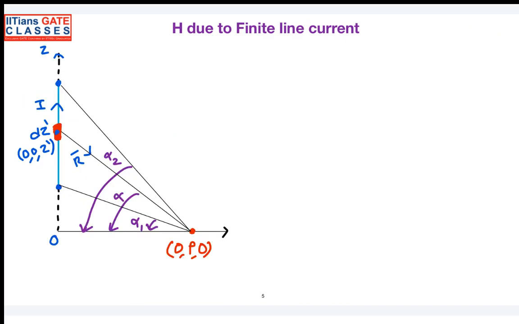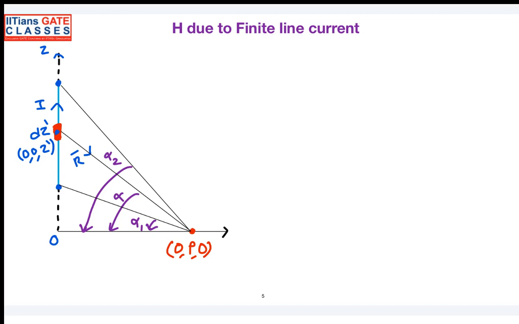So let us try to find out the magnetic field due to a finite line of current. Instead of an infinite line current, which we have discussed till now, this time we will see the magnetic field intensity due to a finite line current. The first thing is that here you cannot apply Ampere's law.